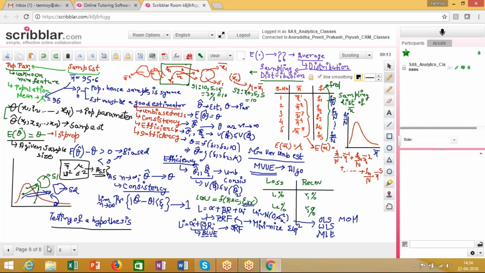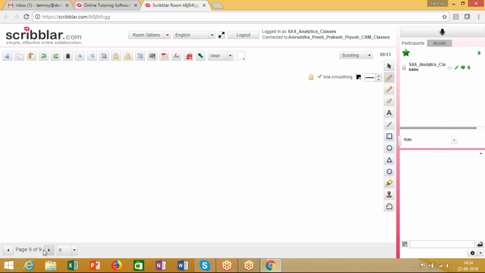Okay, so against this background, let us start off with this particular discussion. So I have a population, right? Over here, I start collecting samples from the population, and I create samples.